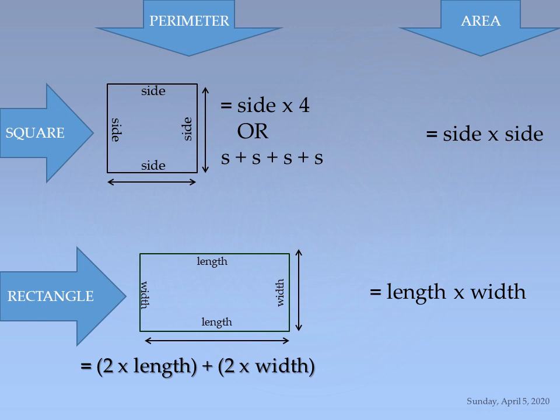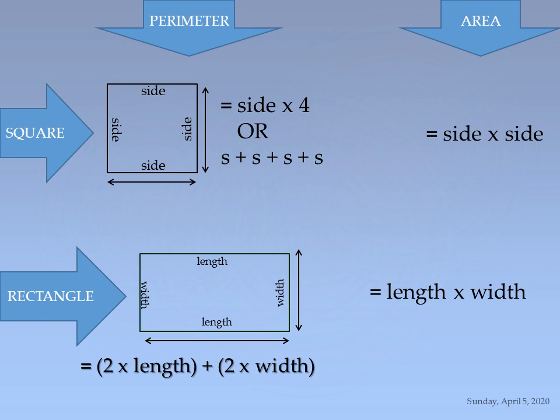The area for a square is not going to be an addition again, but will be multiplication. Side times side. So let's take the example of the 4 centimeter side. If one side is 4 centimeters, what is the area of the square?